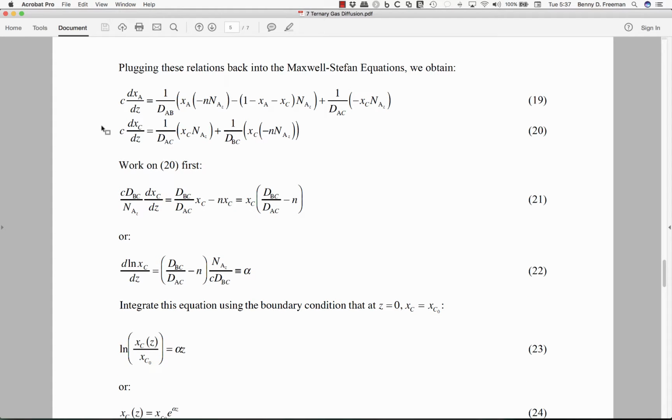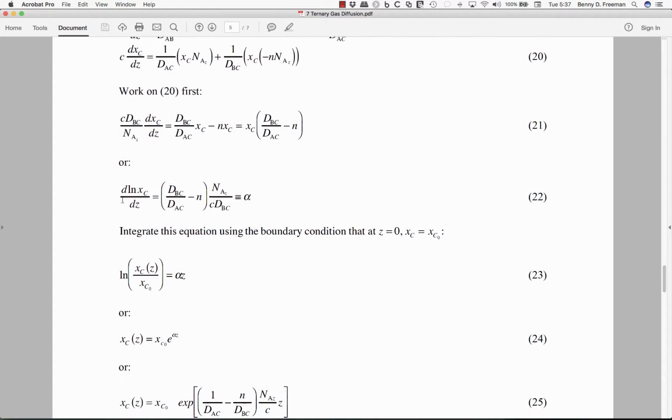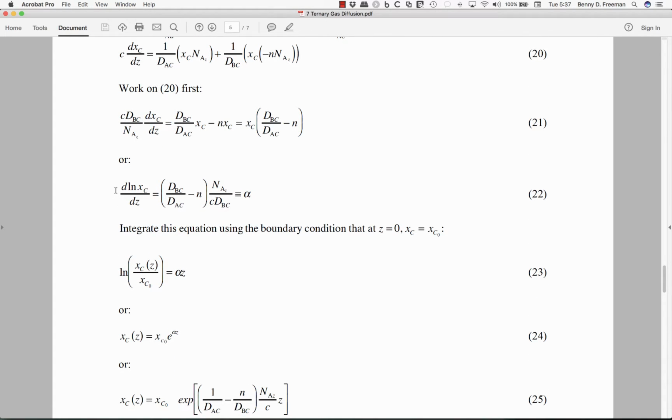So again, we come to equation 20 and work on this one first. We can algebraically rewrite it as shown here in equation 22, and just to save a little bit of writing, I'll write this constant grouping of terms on the right hand side as a new variable alpha, and that's just to save me from having to write this constant over and over.